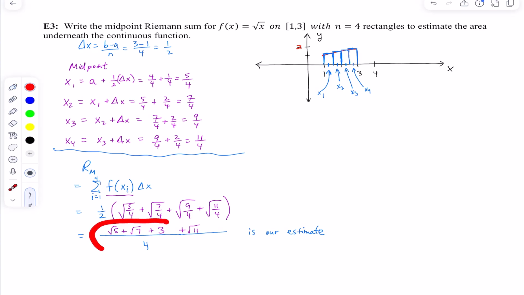And this number here is our estimate of the area underneath the curve.